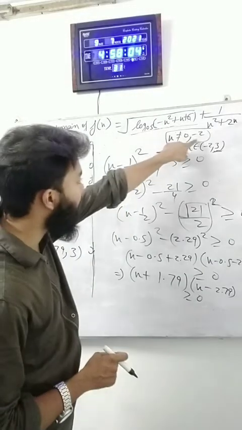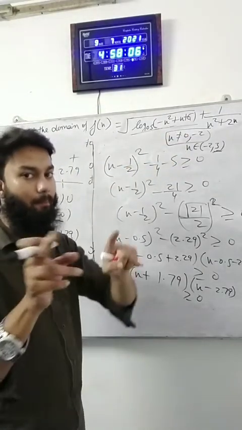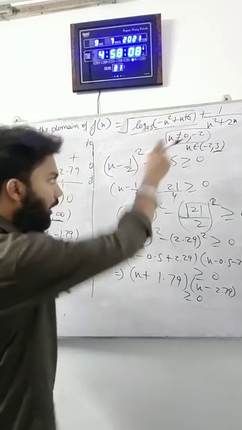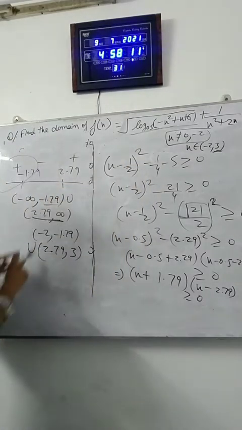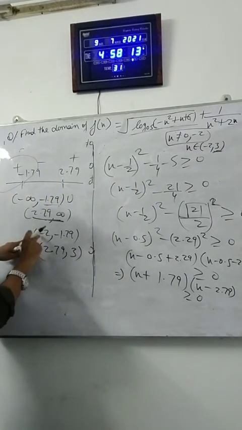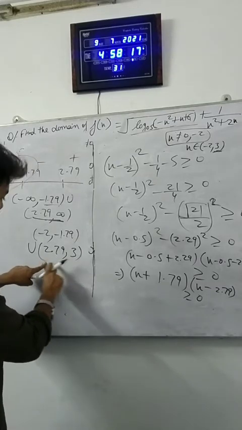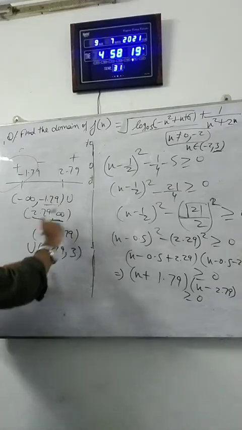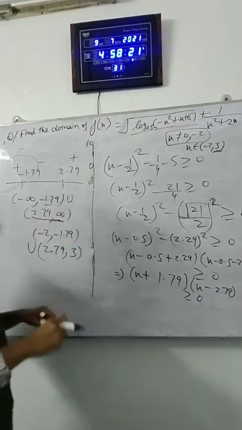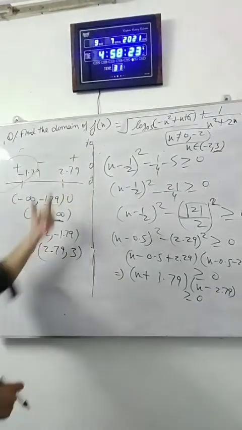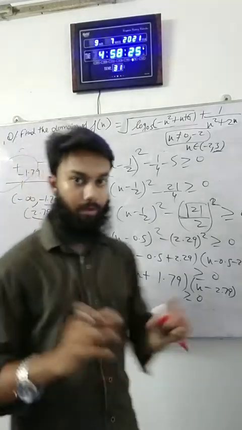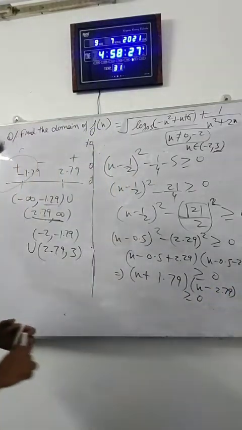Okay, and it must not be equal to minus 2 as well. I am combining the first condition now. So minus 2 is not being included because this is an open interval, and minus 2 is not being included here also. So this is the final result of all the conditions. So this becomes the domain of the given function, after combining all the three conditions.